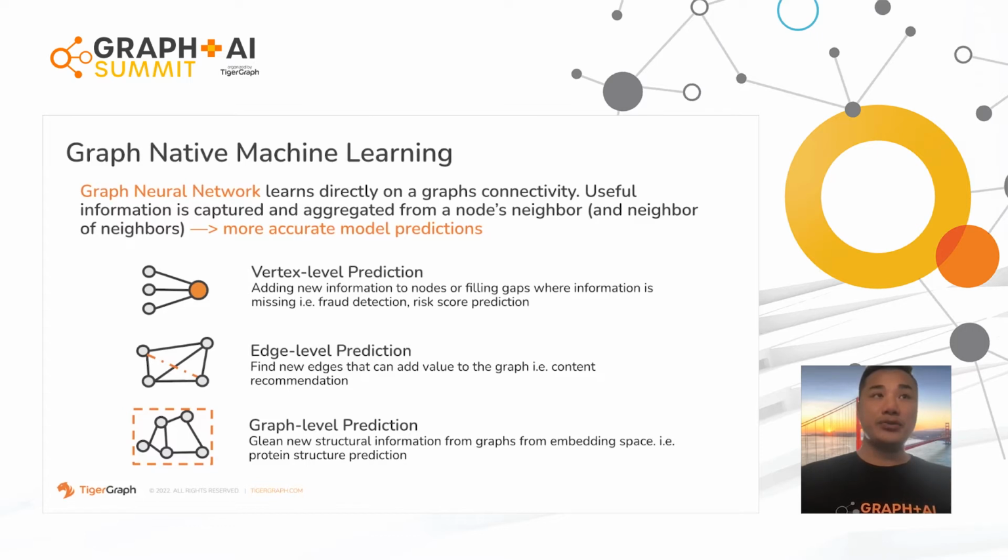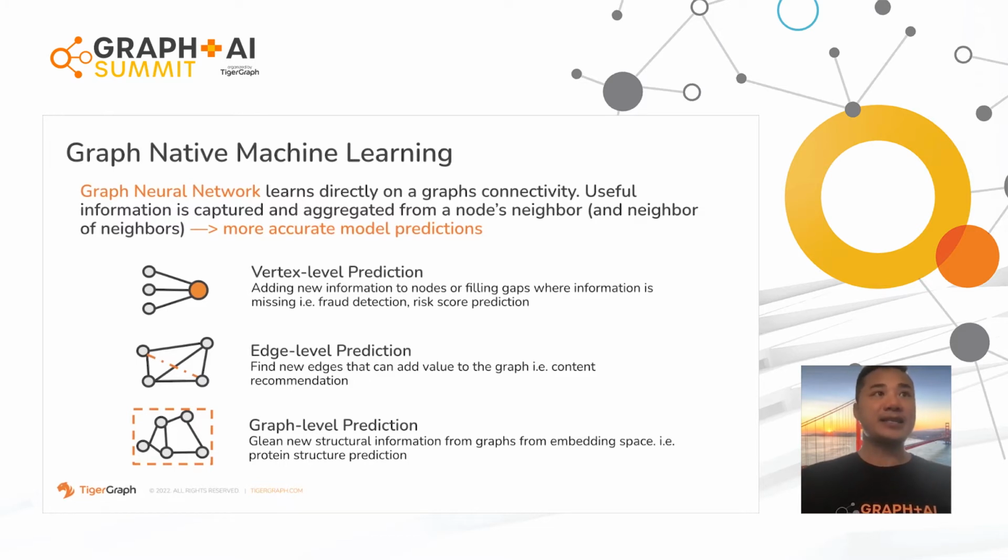GNN can be used to do vertex level prediction. For example, fraud detection or predicting a risk score. So these are the type of node prediction or vertex prediction applications. It can also be used for edge level predictions, like building a recommendation engine for products or for your contents.